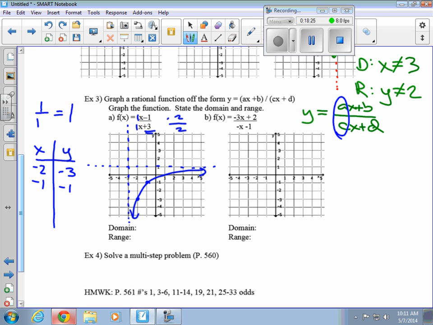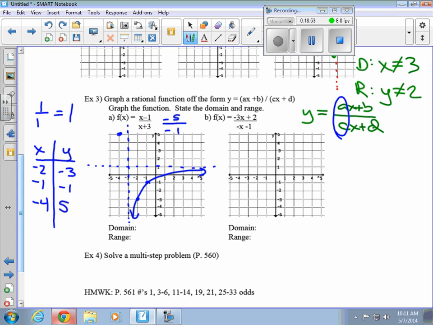So now let's go to the other side, and let's plug in some points on the left. Let's put in negative 4. What's negative 4 minus 1? Negative 5. And then negative 4 plus 3, negative 1. So what's negative 5 divided by negative 1? 5.